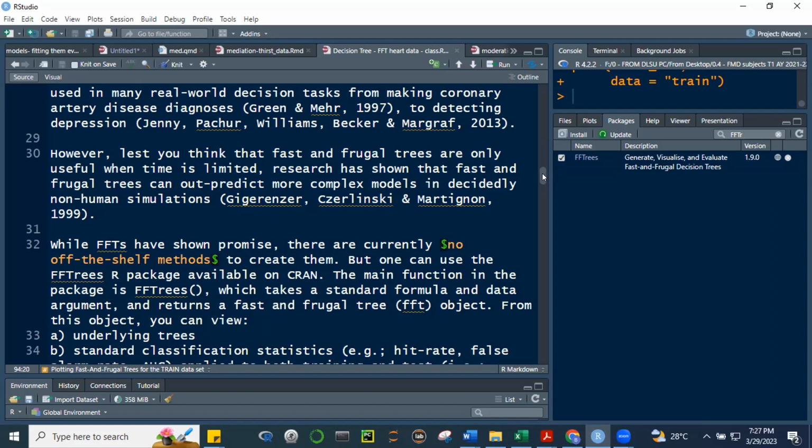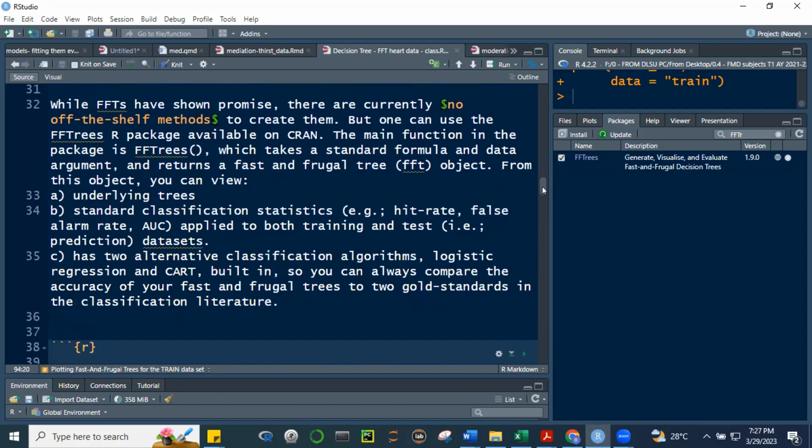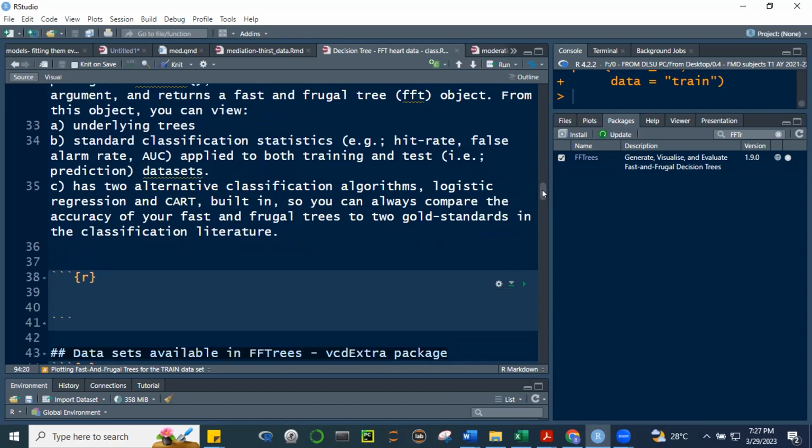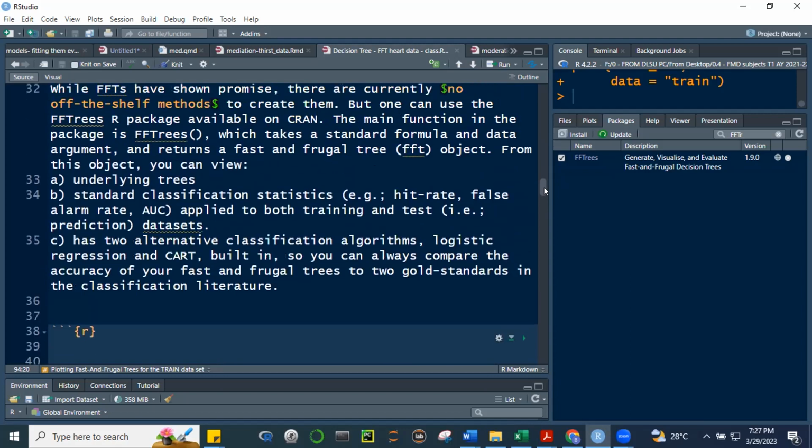All right. So what we're going to do now is let's start using yung FFT natin, no? Okay. All right. So ano advantage ng FFT natin yung Fast and Frugal tree? We can also see the underlying tree. So parang decision tree din siya.